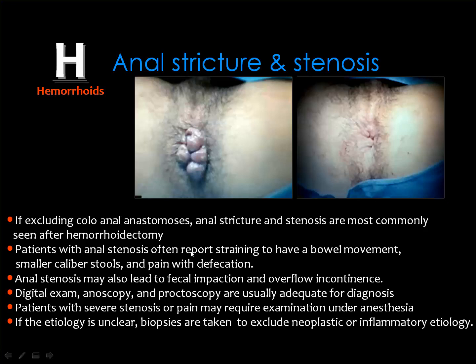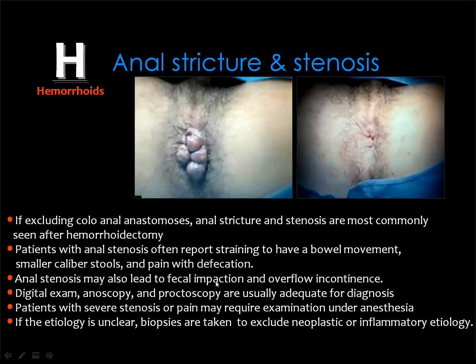And if you exclude coloanal anastomosis, anal stricture and stenosis are most commonly seen after hemorrhoidectomy. And patients with anal stenosis will report straining to have bowel movements, small caliber stools, and pain with defecation.